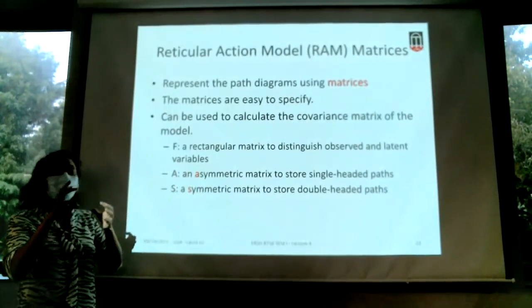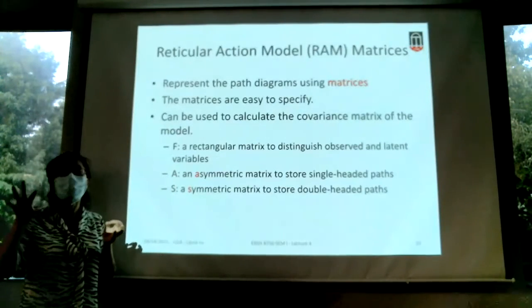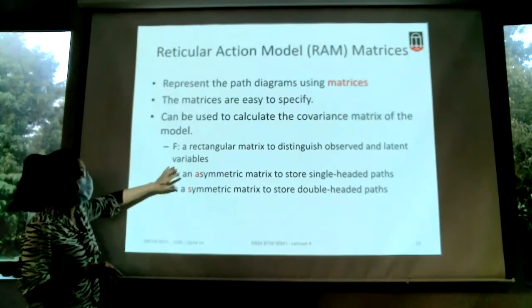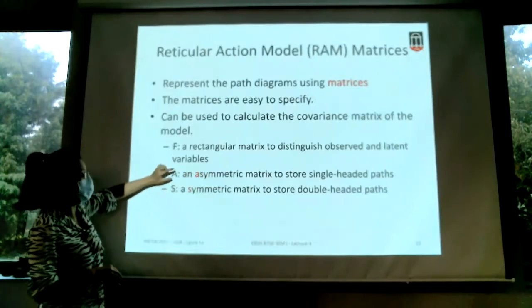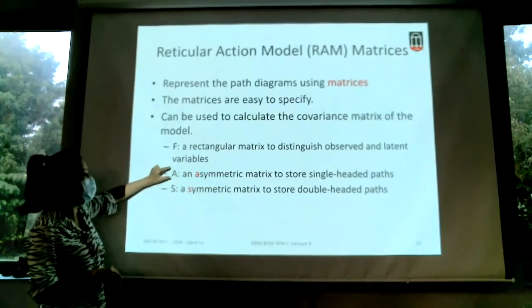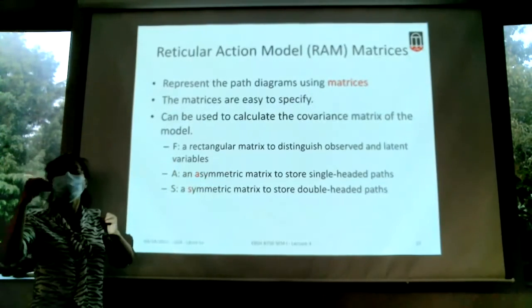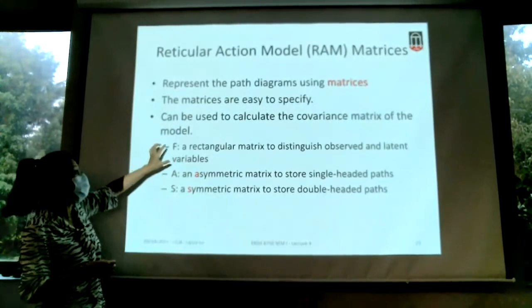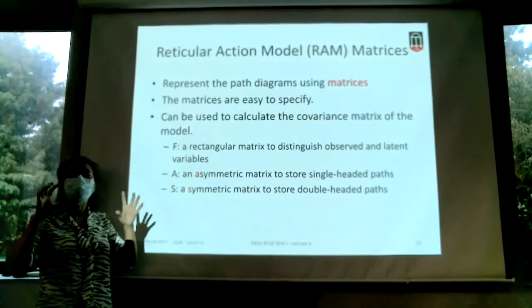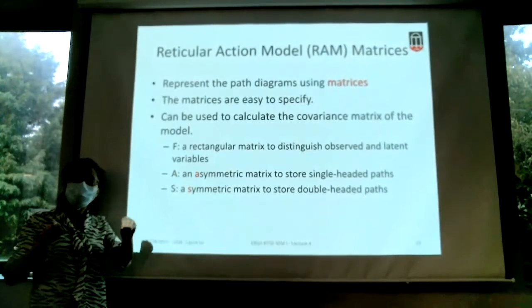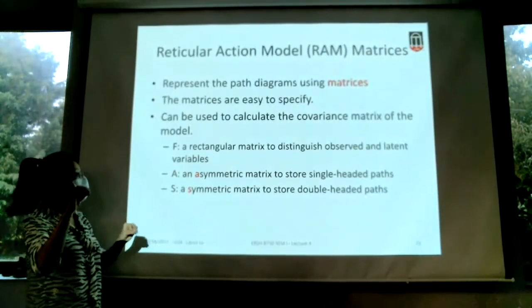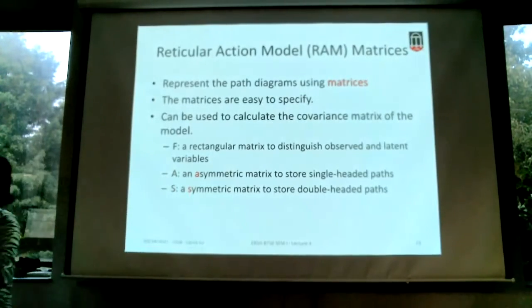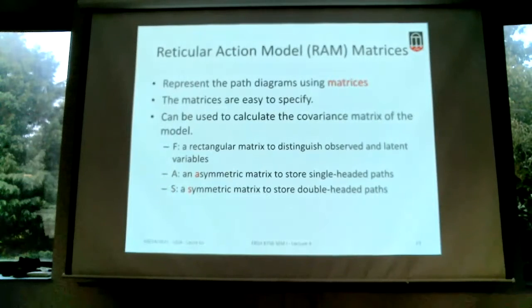This matrix stores all double-headed arrows in the model. So all single-headed arrows, the paths, are stored in matrix A. All double-headed arrows are stored in matrix S. And F is a rectangular matrix to distinguish the observed variables and the latent variables. So this is a general introduction of the three matrices.